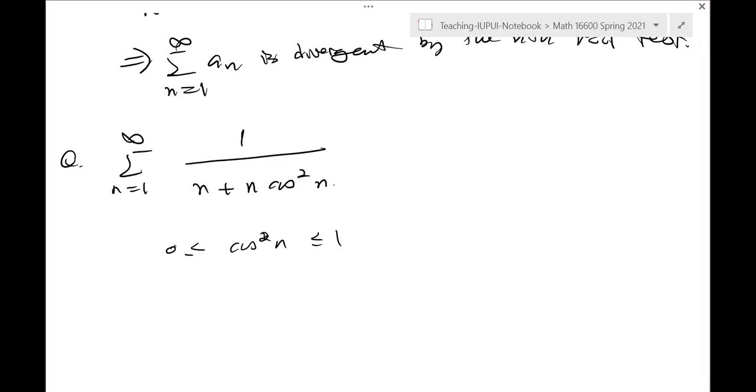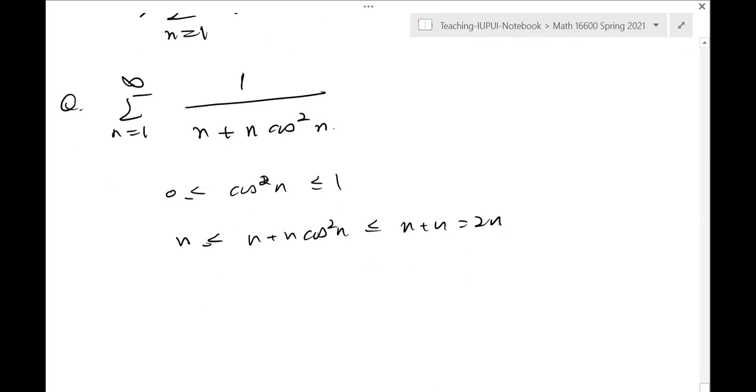The maximum possible value for the denominator is going to be n plus n, which is 2n. It's between n and 2n. So I think it's going to be divergent, okay? And then if you put in the denominator, this is going to be less than 1 over n, greater than 1 over 2n.